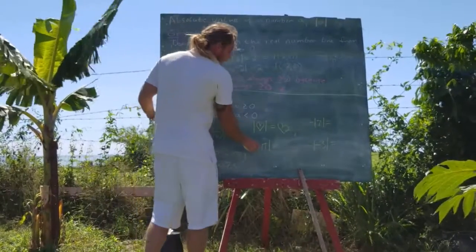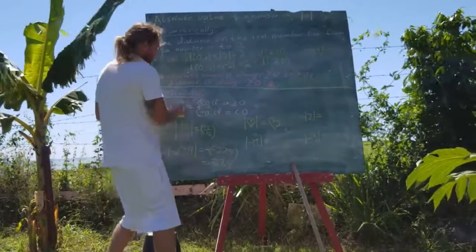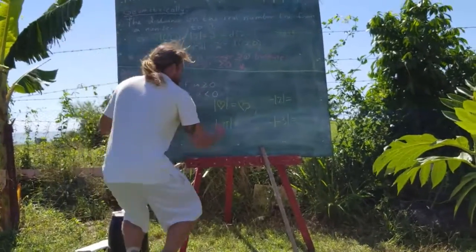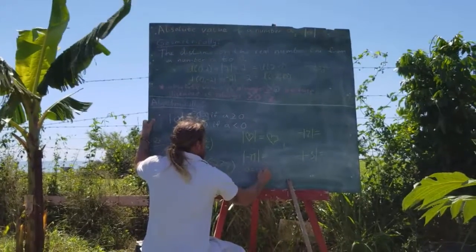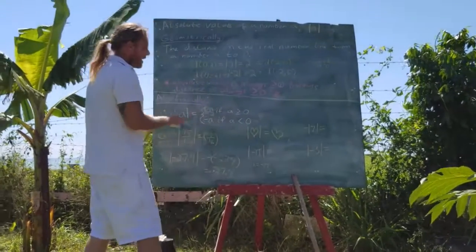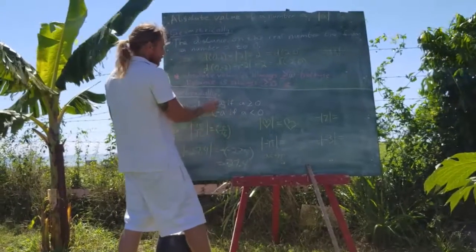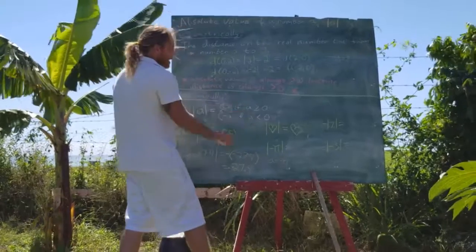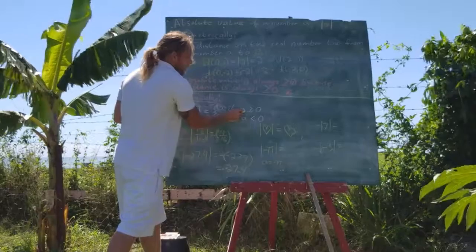How about the absolute value of negative pi? Well, the absolute value of A, where A is negative pi. In fact, let's write this out so we can keep it in our mind. A is negative pi. That's what A is. So, the absolute value of negative pi will equal either A or negative A, depending on which condition it meets. Is A greater than or equal to 0?